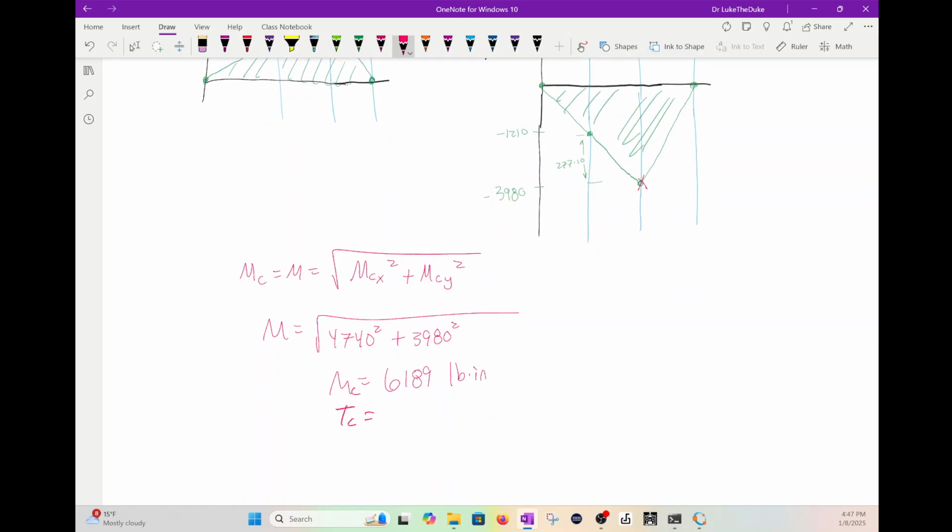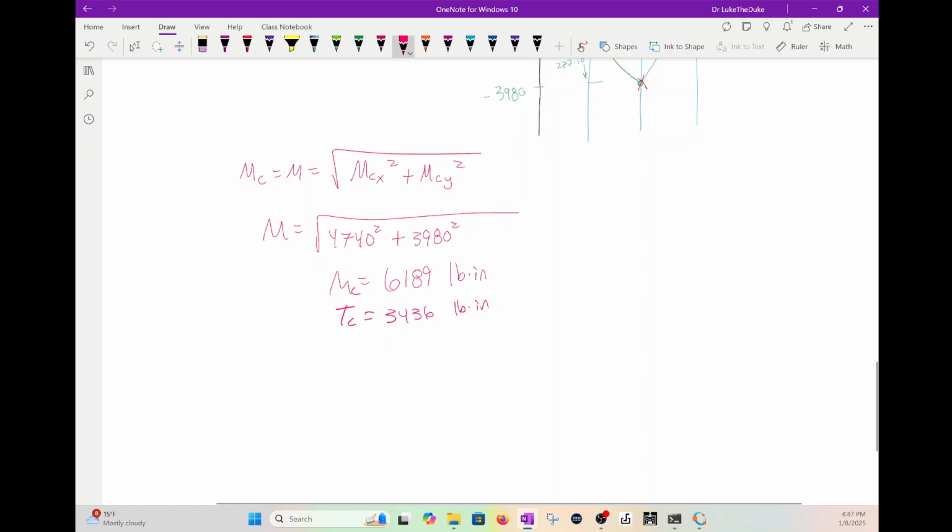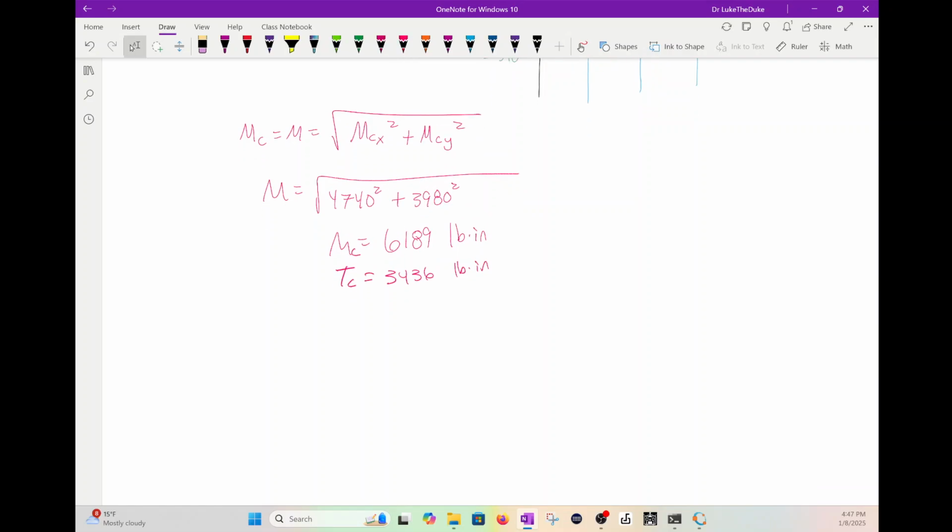So the torque at C, which we talked about before, was 3436 pound-inch. So we now have the moment with torque. In that diameter equation, we now need to find Sn prime, which is the actual endurance, which is the endurance times these factors that we talked about way back in, I think, chapter 3 or 5.